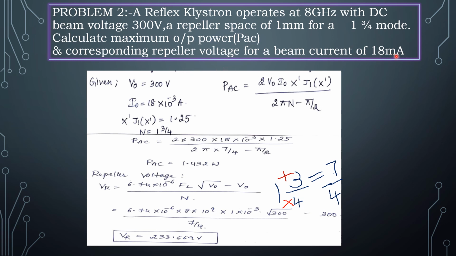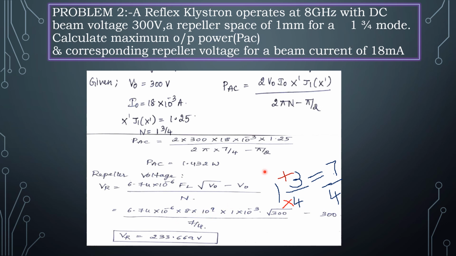Also in the question they asked for the corresponding repeller voltage for a beam current of 18 microampere. So the repeller voltage VR is defined as the ratio of 6.74 into 10 power minus 6 F into L root of V naught minus V naught, whole divided by N. Therefore, the given 6.74 into 10 power minus 6 is written as it is, and the frequency in the question, the reflex klystron operates at 8 GHz, and F is also given.